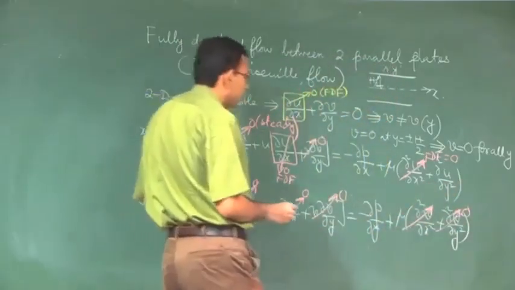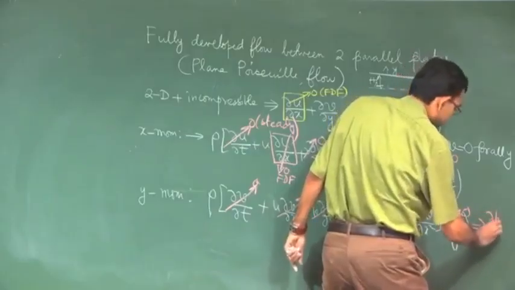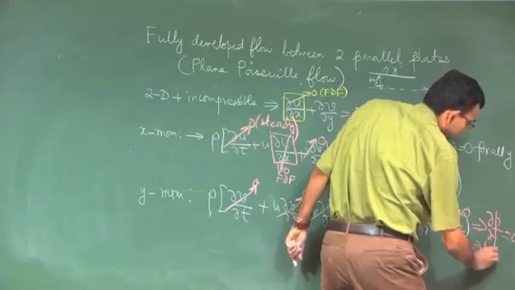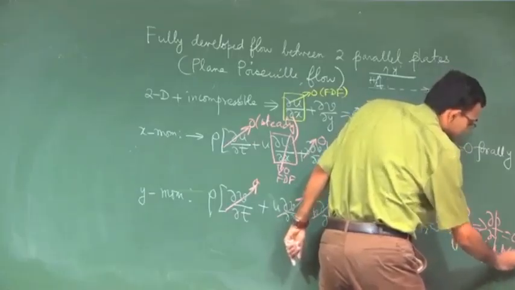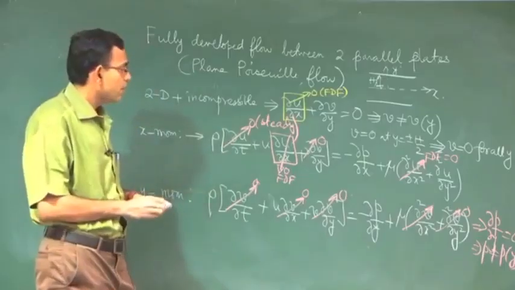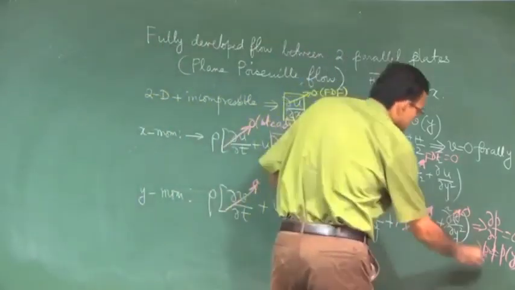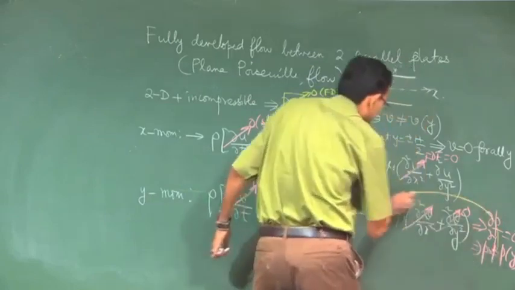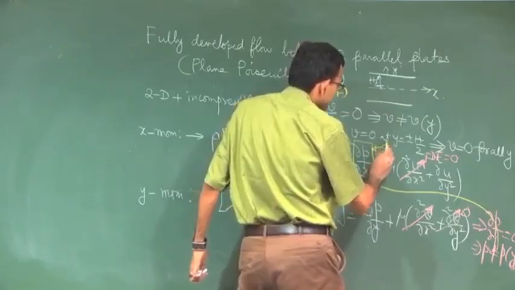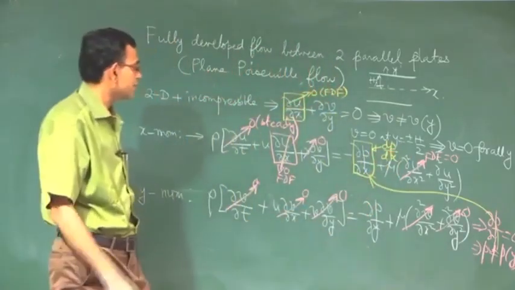So, the y momentum equation finally gives us that P is not a function of y. Okay. So, because P is not a function of y, we can write this as dp dx instead of del p del x.